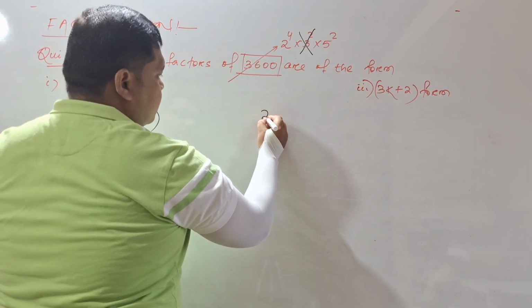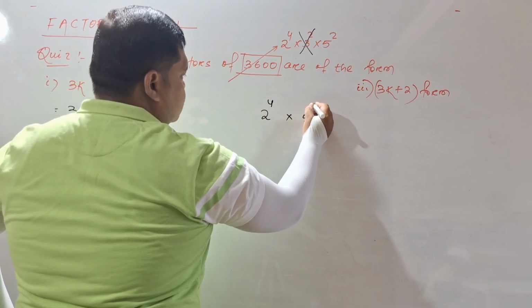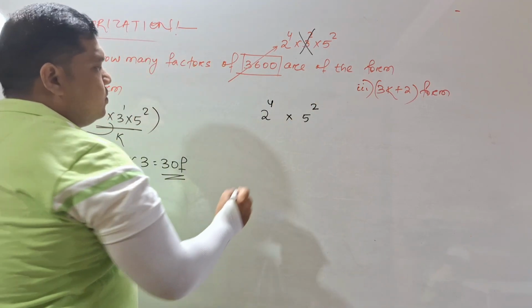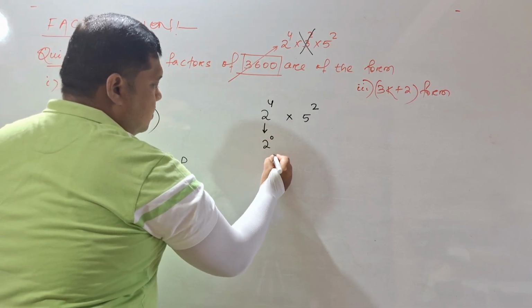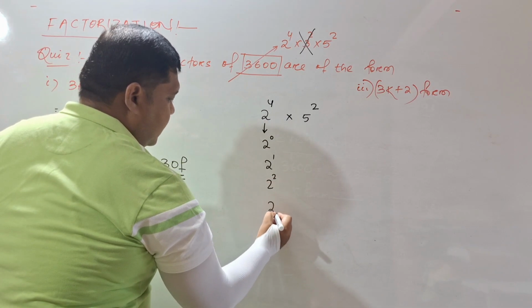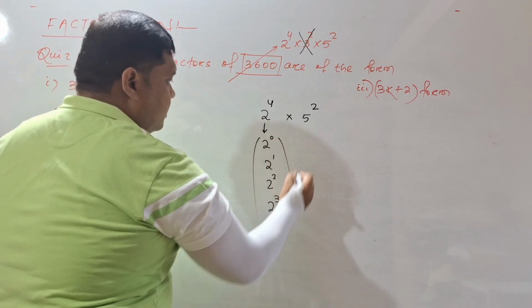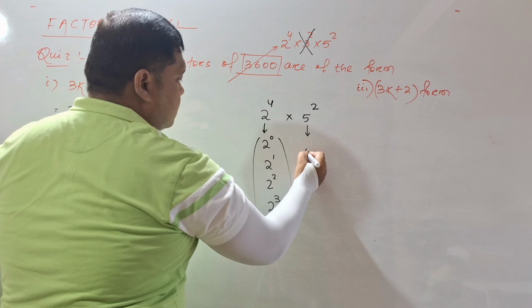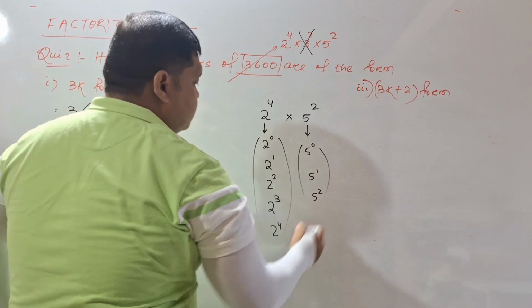What is left is 2 to the power 4 into 5 square. Now 2 to the power 4 has factors 1, 2, 4, 8 and 16. Similarly, 25 has factors 1, 5 and 25.